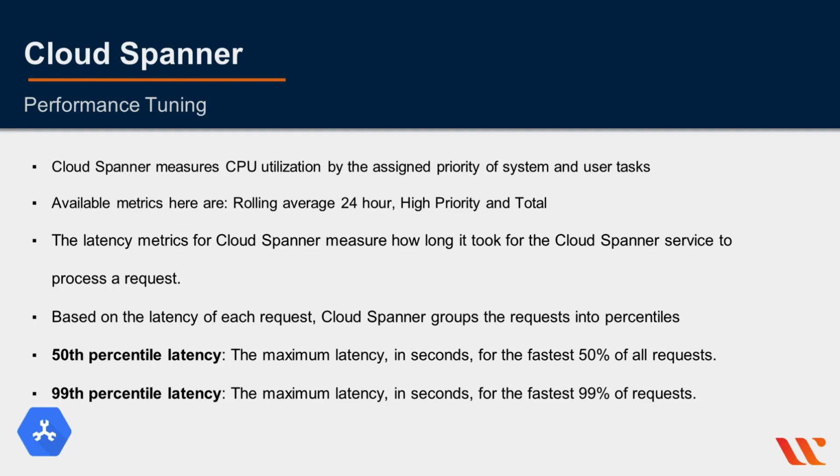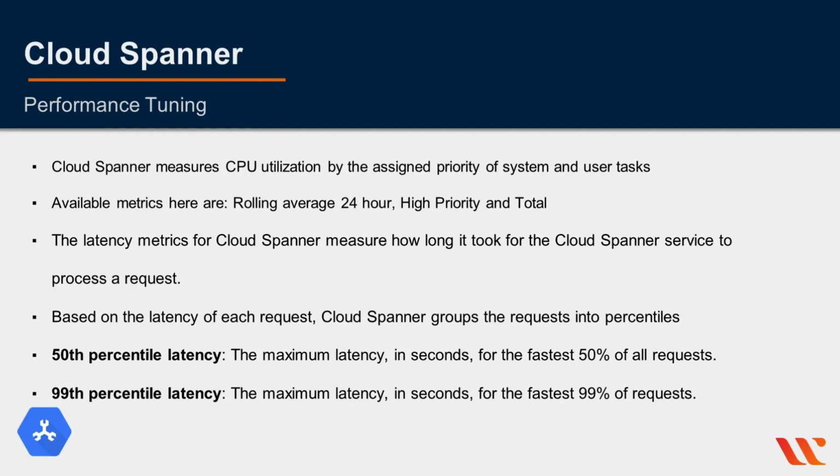Based on the latency of each request, Cloud Spanner groups these requests into percentiles. We have the 50th percentile latency and the 99th percentile latency. Each one is a maximum latency in seconds for the fastest 50% of all requests and the fastest 99% of all requests, respectively. The 50th percentile latency is sometimes called the median latency.